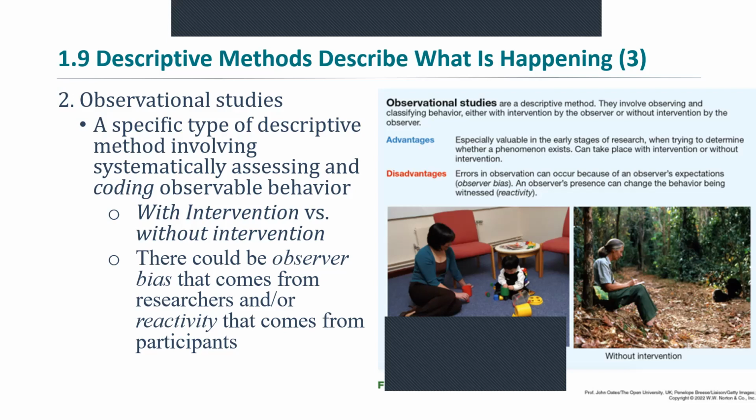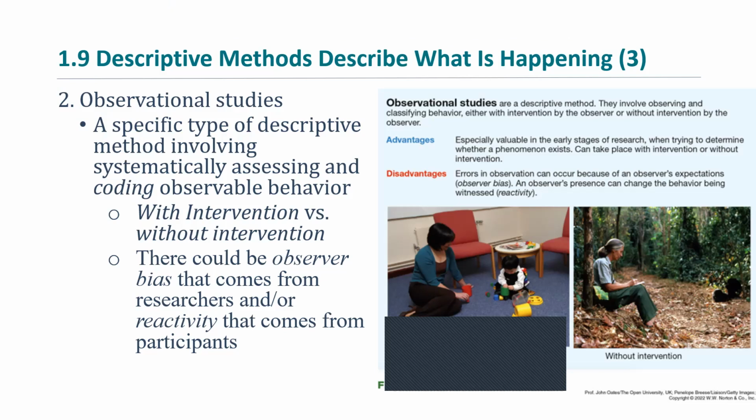Sorry, I forgot. One of the disadvantages that we worry about is that there could be observer bias, and observer bias is coming, as it says here, from the researcher. Imagine I'm an observer for some research, watching these 5-year-olds to see their aggression levels, and I know the hypothesis.